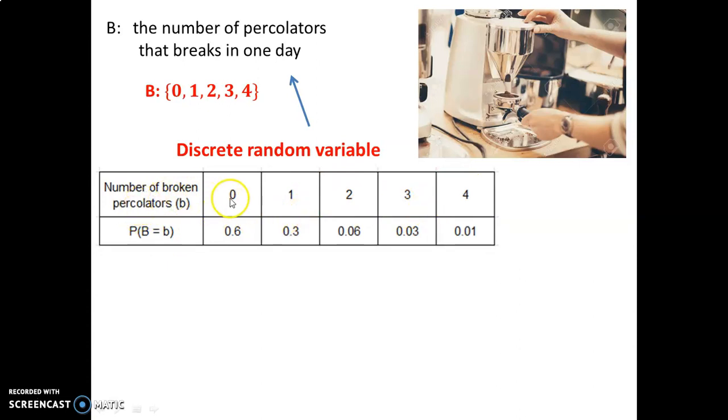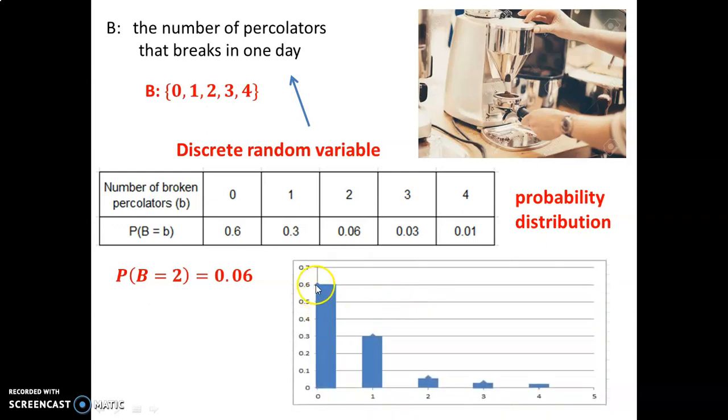We have the number of percolators that break here, and then the probability of each one here. So for example, the probability of 0 breaking is 0.6, probability of 1 breaking is 0.3, and so on. This is called a distribution table. And for example, the probability of 2 breaking is 0.06. So you can always grab one probability from this table of all possibilities.